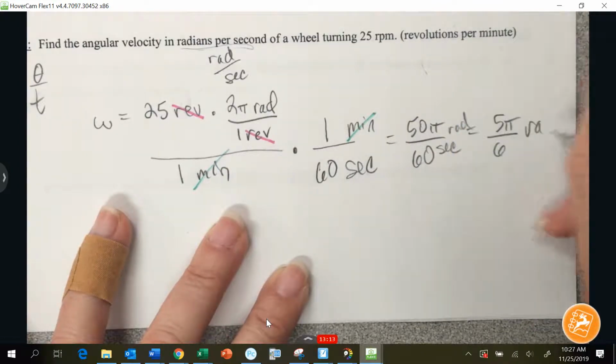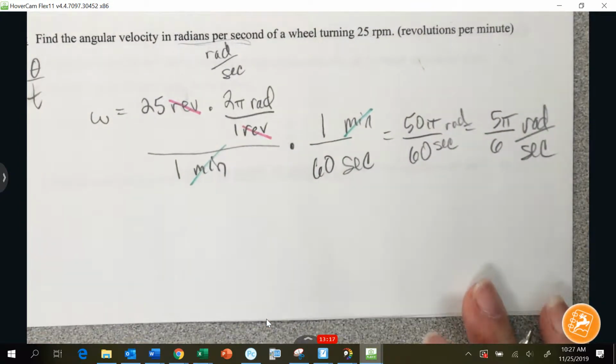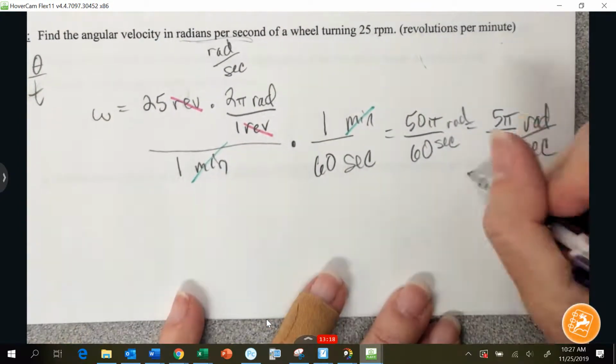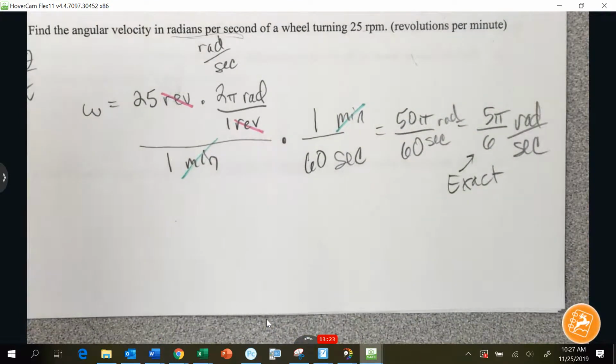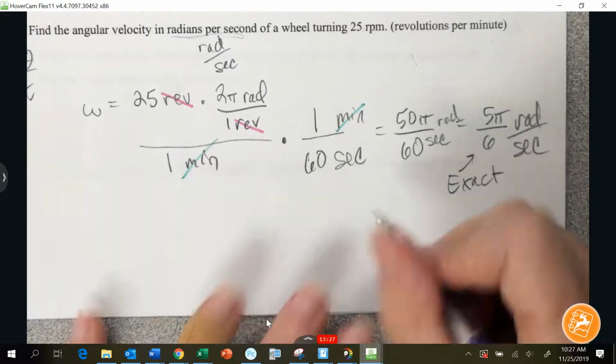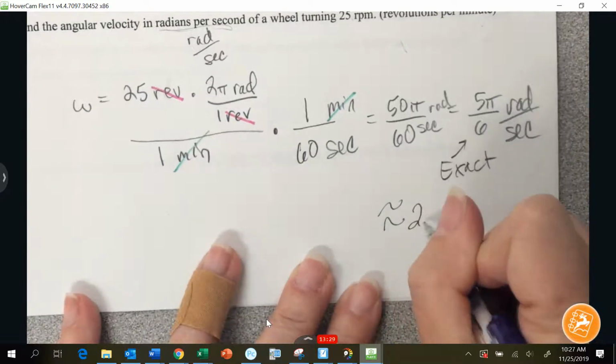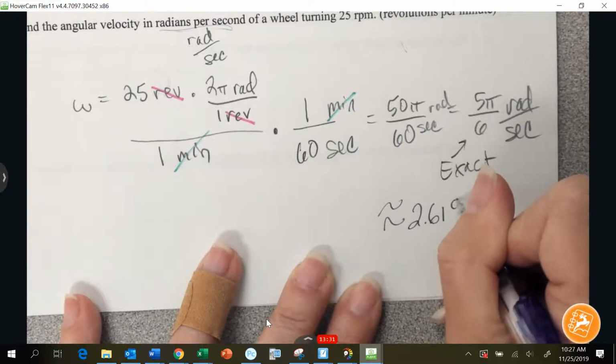Oops, I forgot my radians. Radians per second. So that would be the exact answer. And then the approximate would be 2.618.